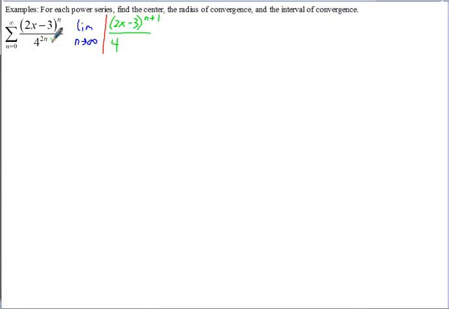And when you plug in n plus 1 there, you end up with 2n plus 2 when you distribute out the 2. And then divided by a sub n, same as multiplying by the reciprocal again. We'll do 4 to the 2n over 2x minus 3 to the n.